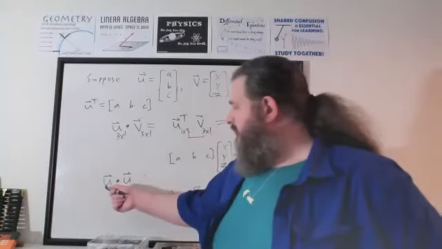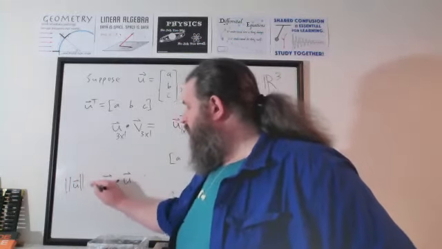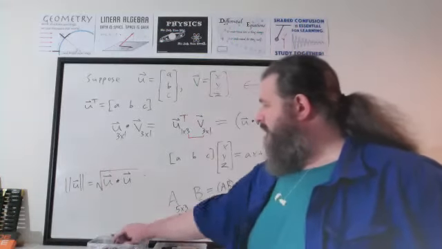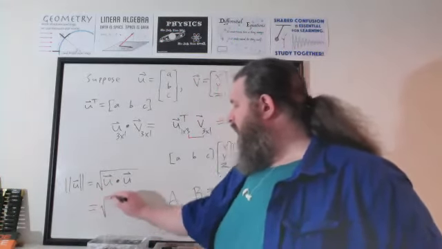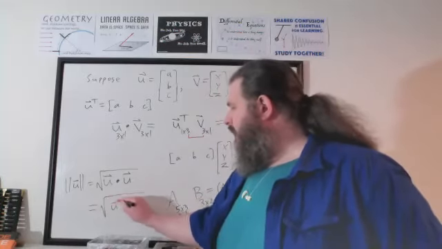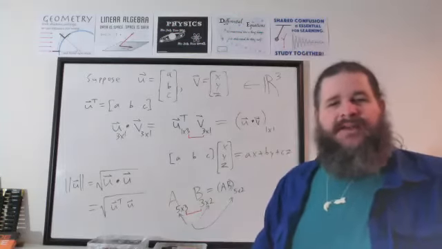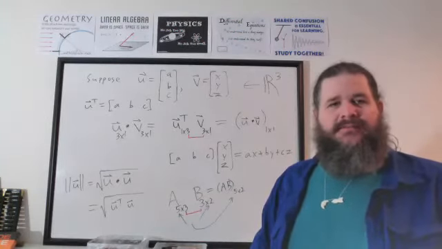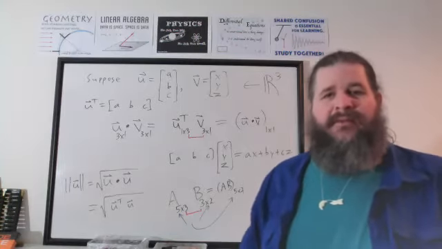For instance, you can write the magnitude. Magnitude of a vector is going to be square root of the vector dot itself. So you can then write that as square root of U transpose times itself. So magnitude can also be written in terms of matrix multiplication. Again, just so we can combine that with anything else we know about matrix multiplication.